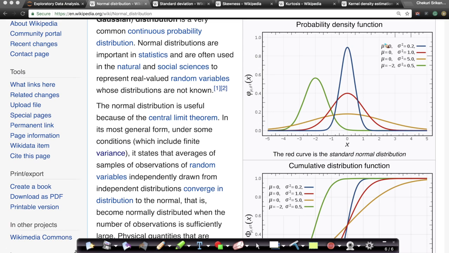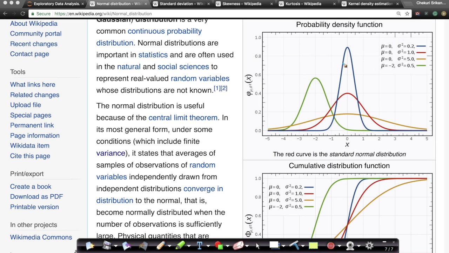By the way, if I don't know that your petal length is Gaussian distributed, these two values are not useful. So the first thing I need to know is that my petal length is Gaussian distributed. If this is true, then all I need to plot its PDF is just mu and the variance. Now let's see how the shape of a Gaussian distribution changes as mu and sigma change.